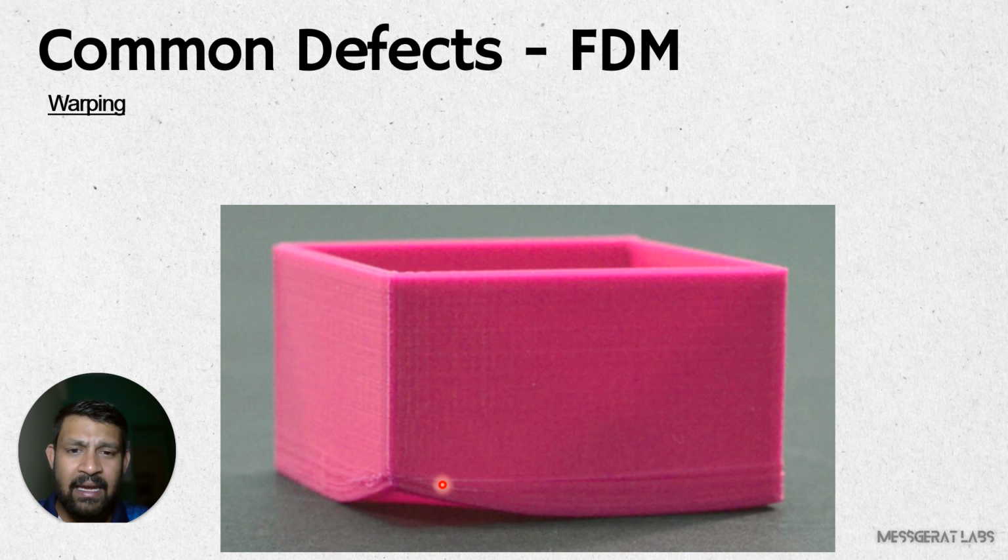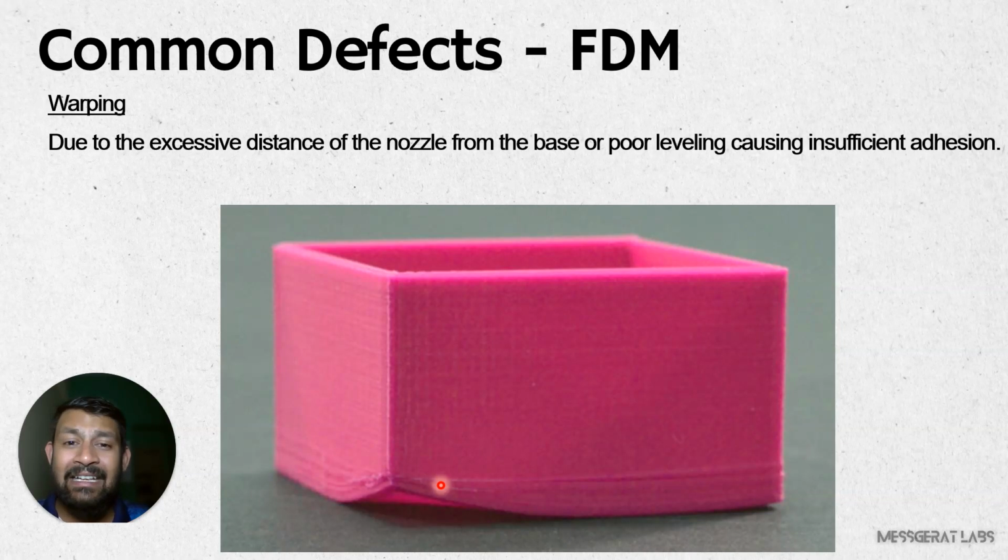So any material from the raw material shape is heated to form the desired shape. When it cools down, it shows some shrinkage, and when it is shrinking, it also has some stresses. Usually, these stresses are very high at the corner points. That is why the parts tend to curl up.